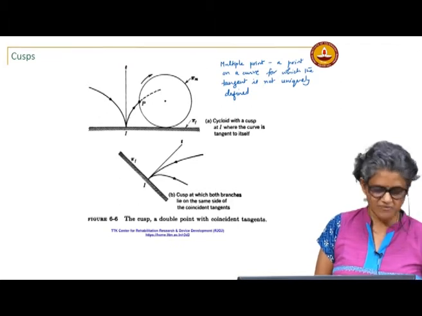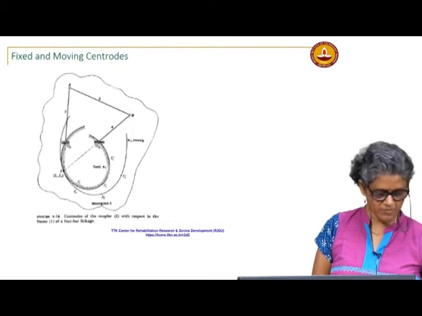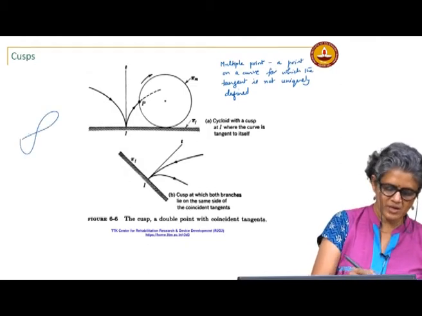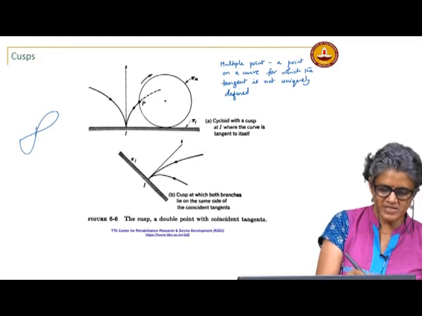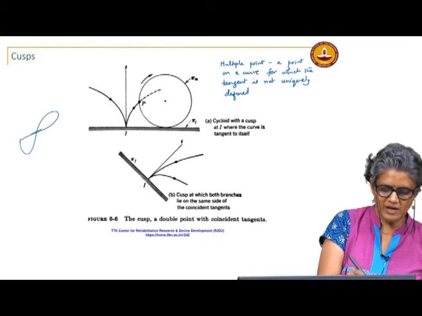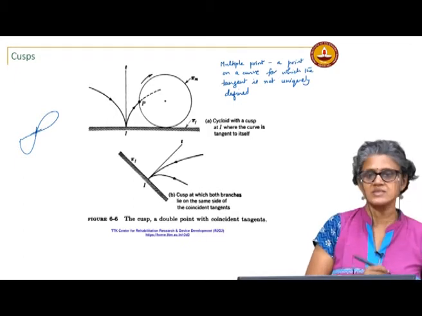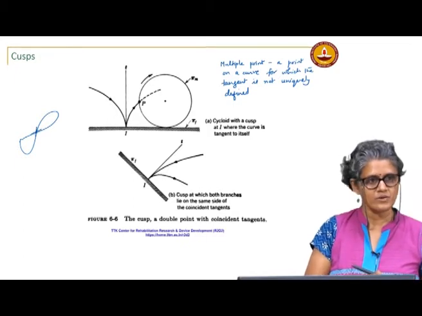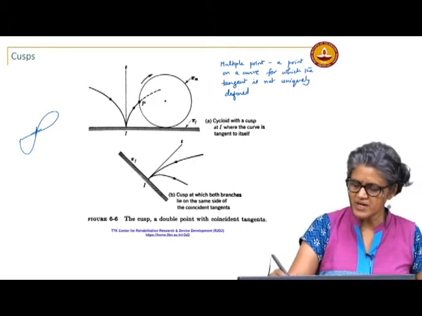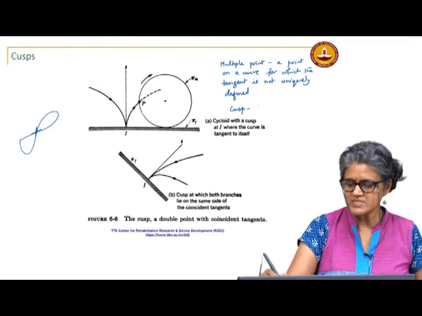The crew node is that figure 8 that we saw. If the coupler curve has a point like this, then again the tangent is not uniquely defined, because at this particular point you could have a tangent like this or a tangent like this. So, these are called double points, cusp and crew node. In the case of the cusp, the two tangents are coincident.